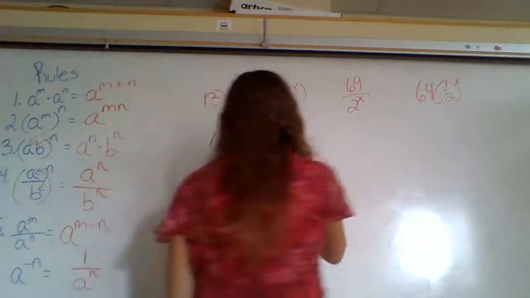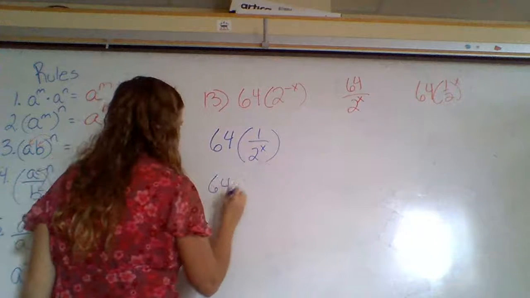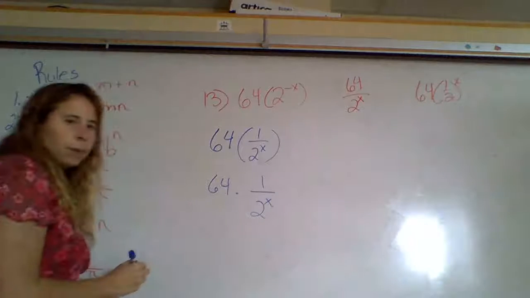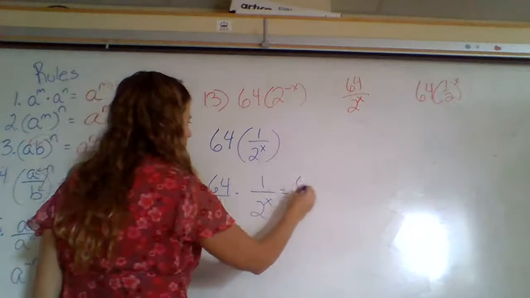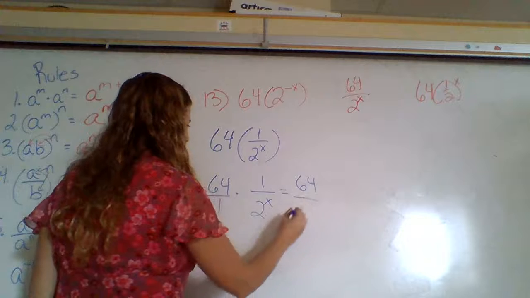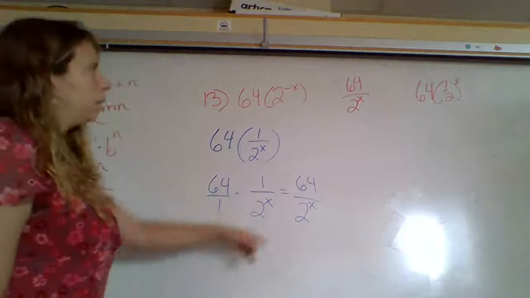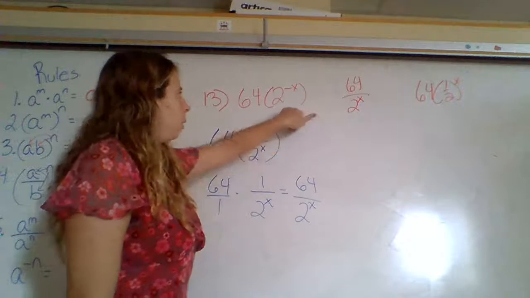If you multiply that out, so you have 64 times 1 over 2 to the x. If you want to put this over 1, you can. 64 times 1 is 64. And then down here you have 2 to the x. Oh, well, hey, look at that. So these two are equivalent.